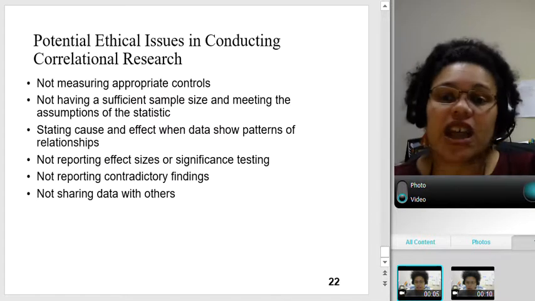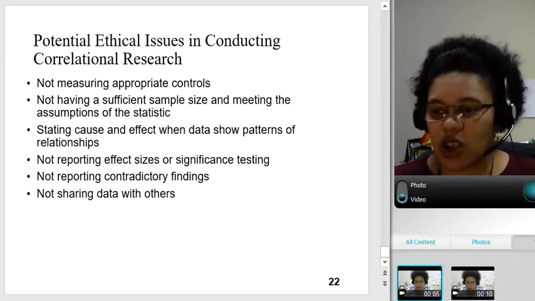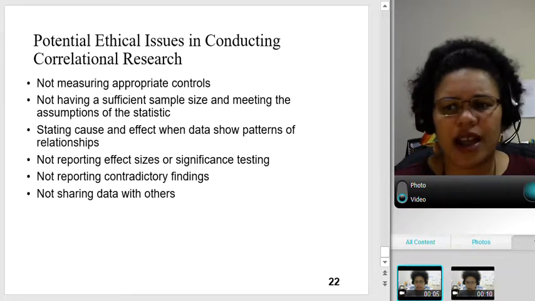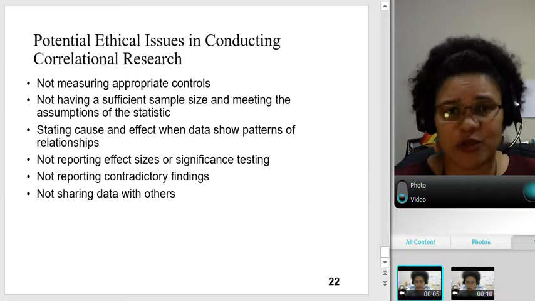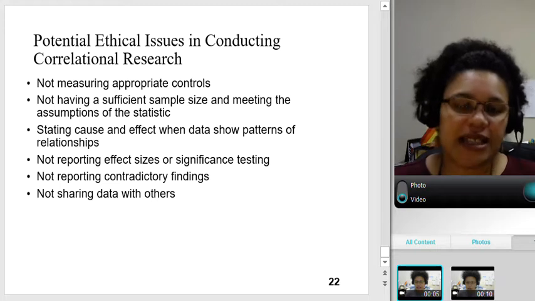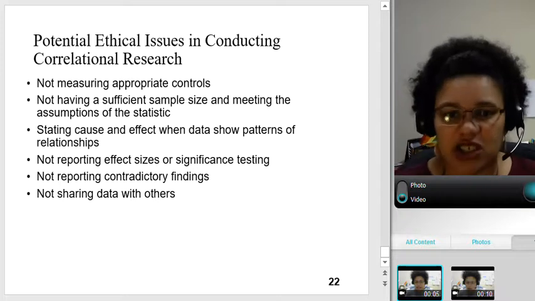Now, there are some potential ethical issues in conducting correlational research. One is you have to include the appropriate controls, or else it may look like there's a strong correlation when actually you're not quite measuring what you think you're measuring. You need a sufficient sample size, and you also need to meet the assumptions of the statistics, specifically that there's a linear relationship.